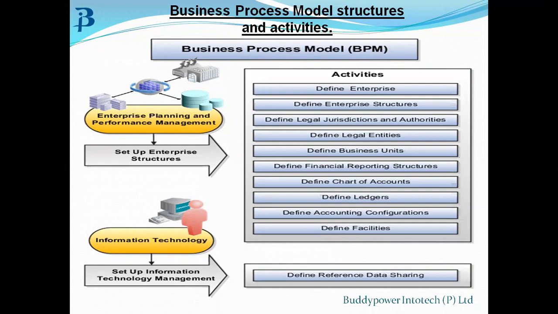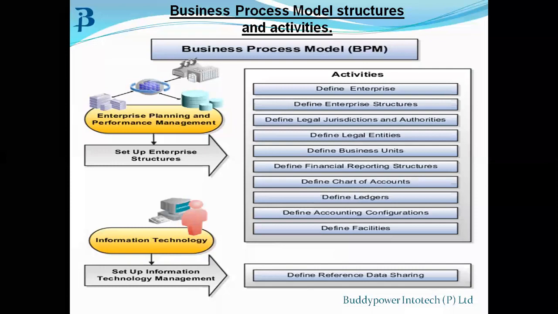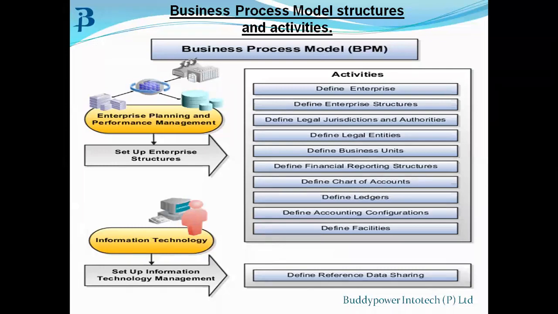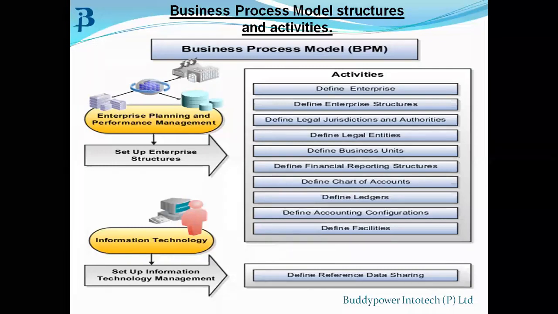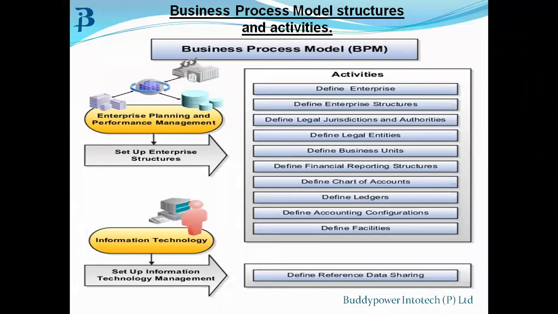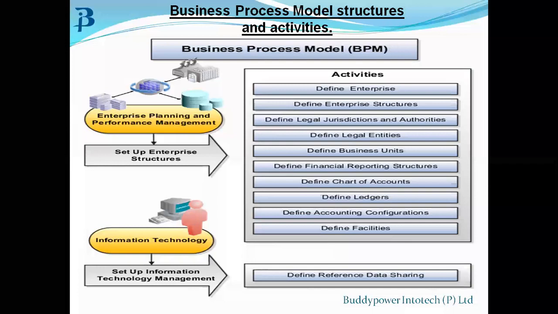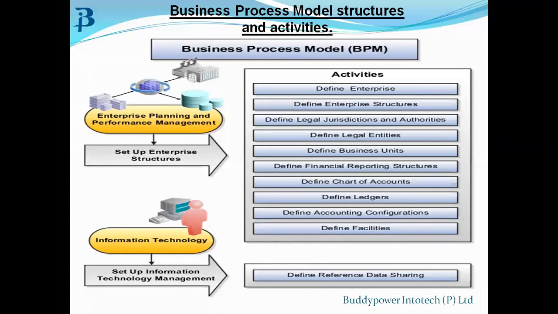So we know that business units basically do the day-to-day transactions of all the legal entities. A business unit can process transactions on behalf of many legal entities. Normally, it has a manager, strategic objectives, and a level of autonomy and responsibility for profit and loss.